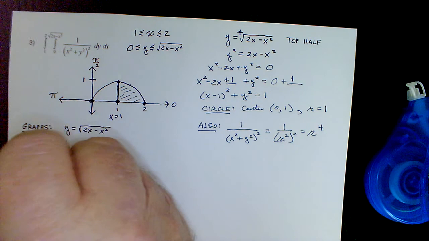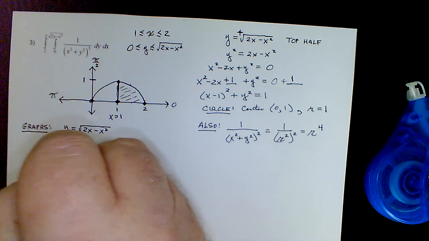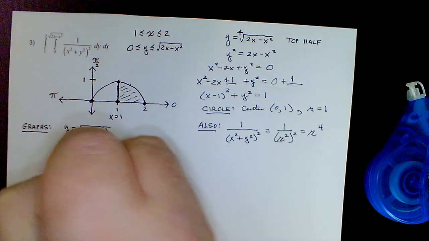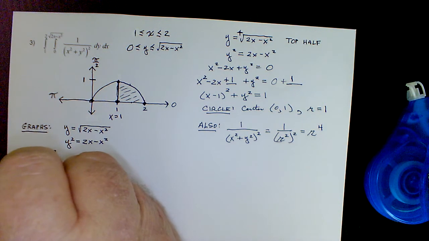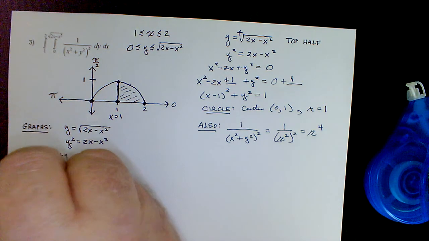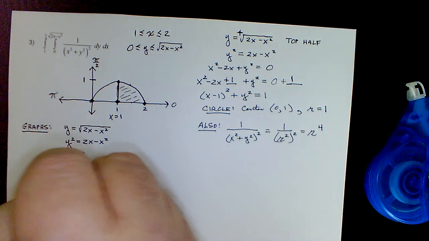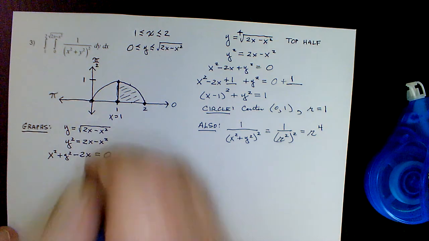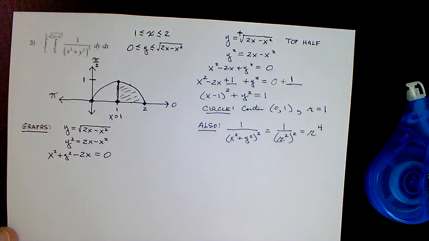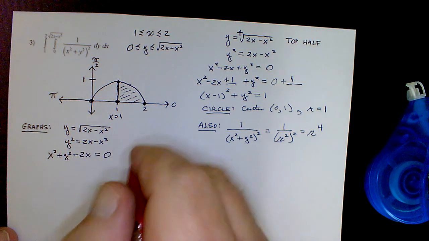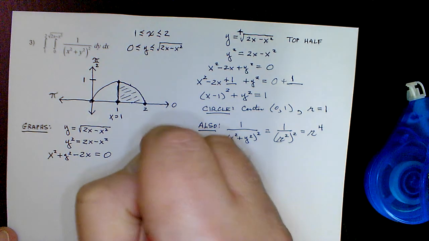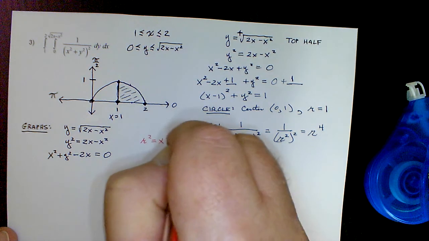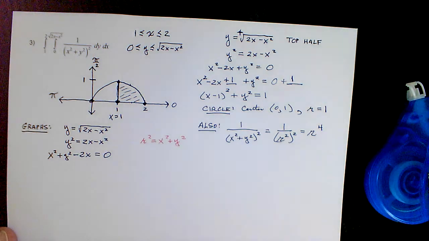So we had y squared equals 2x minus x squared, and I'm going to say x squared plus y squared minus 2x equaling 0. But then what we're going to do is use the fact that r squared is x squared plus y squared from our conversions.